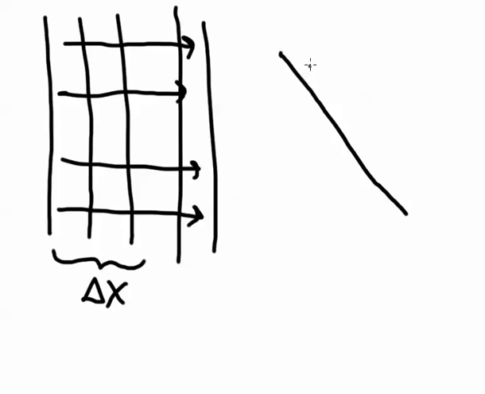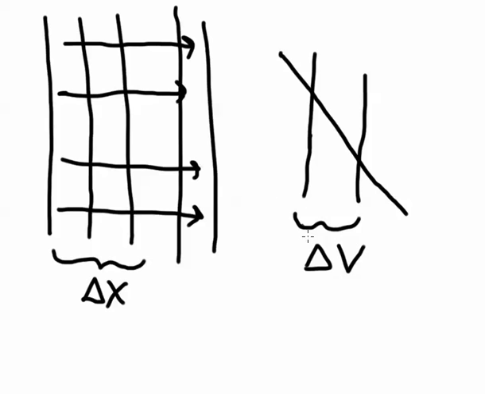So if I take 2 points on the hill like this, and I want to find the difference in height, delta V, remember the height is like V here. The change in height between these 2 points is just going to equal the slope of the hill times delta x. And the slope turns out to be the electric field. Remember, because those arrows are slope arrows, the slope arrows are also electric field arrows. The electric field is the slope of the potential hill.